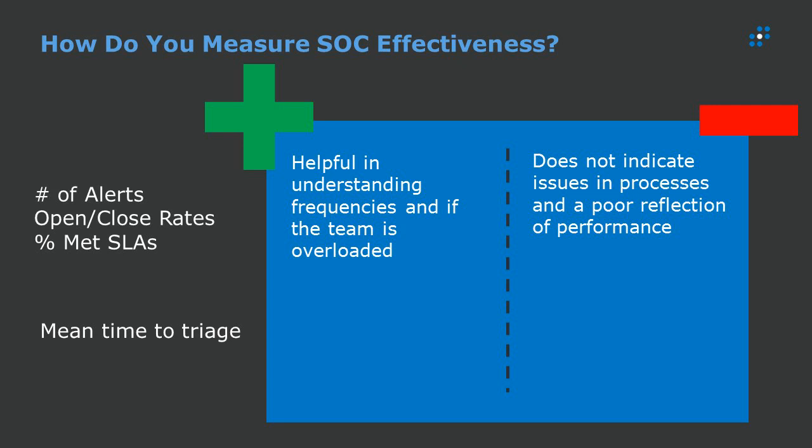That really helps me to measure my team, and perhaps this is based on the traditional ticketing approach. The challenge from a SOC perspective is that this doesn't surface the issues you've perhaps got in your processes, doesn't surface false positive rates, and it's really a poor reflection. Just counting the number of alerts is not a good reflection of overall performance in the SOC and how effective it's being.